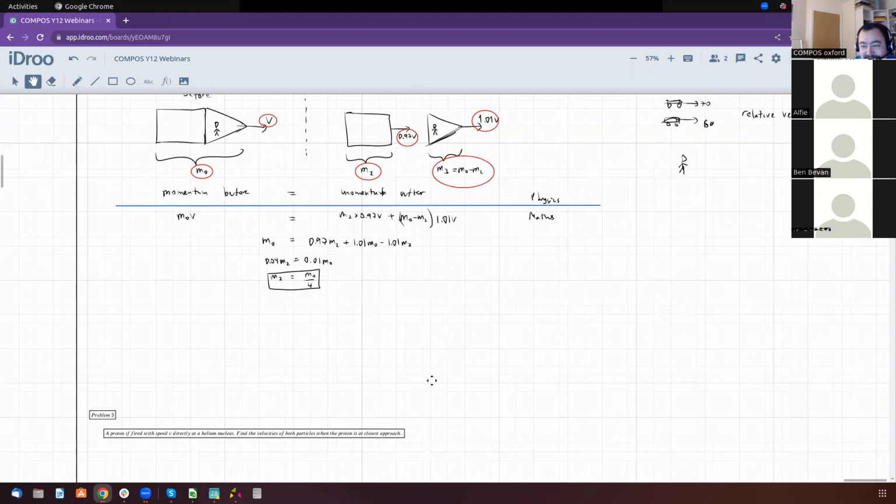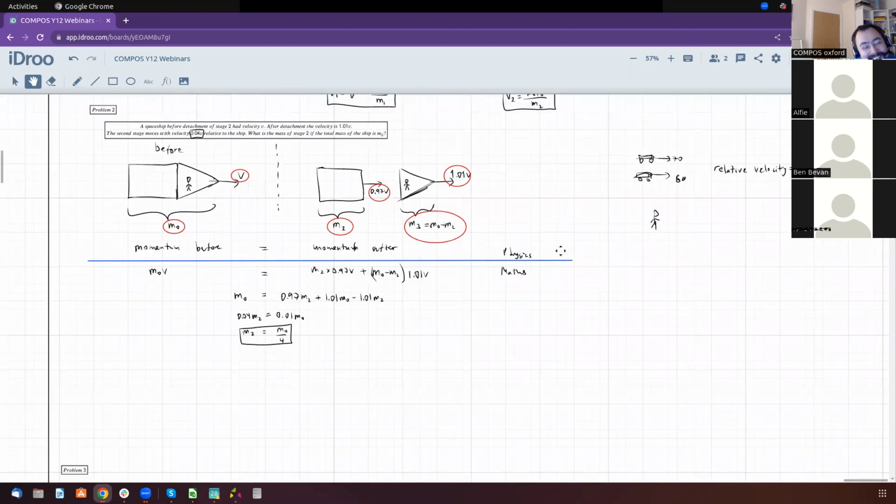What is the difference between physics and maths? That's such a philosophical question.